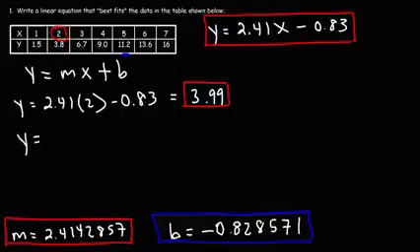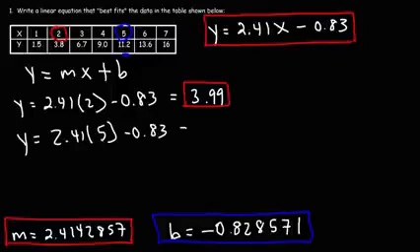Now let's try plugging in a different value. Let's go with 5. So 2.41 times 5 minus 0.83. So this is equal to 11.22. 11.22 is very close to 11.2, so that's an even better approximation.